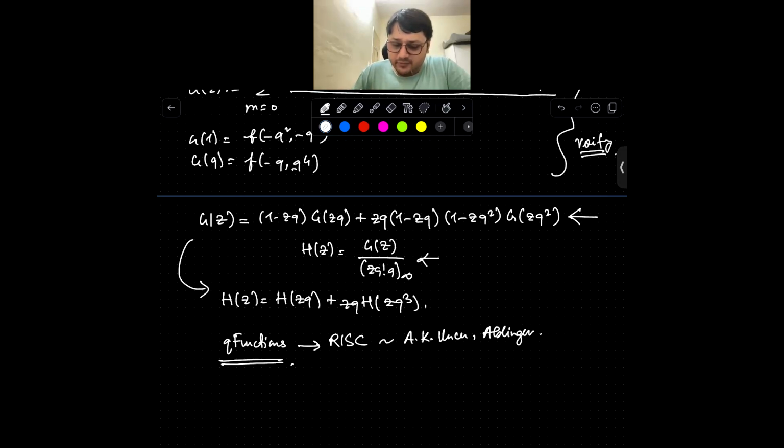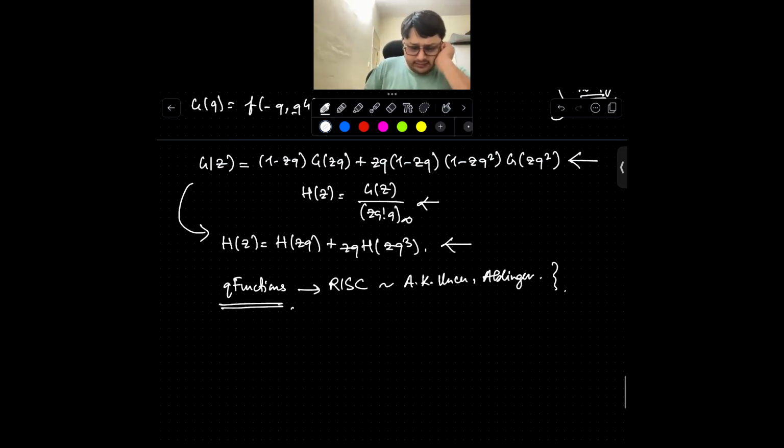And if you give your input as h of z, then it's just going to give you as output this recurrence for h of z. So you don't need to do this by hand. If you want, you can use the computer to do it, and it's very routine now. I'll allow you to take a look at Q functions. It's a similar package, similar application to what we saw earlier.